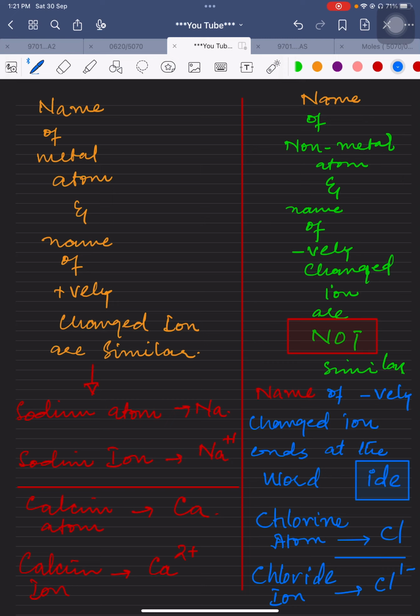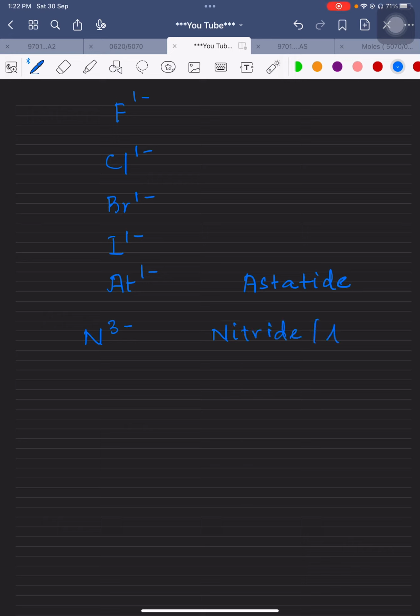You need to keep this very clearly in your mind. For example, the negatively charged ions are, I'm writing a few of them: fluoride, chloride, bromide, iodide, astatide. For example, nitride, which is also called azide. You can see that nitrogen is a part of group number 5.